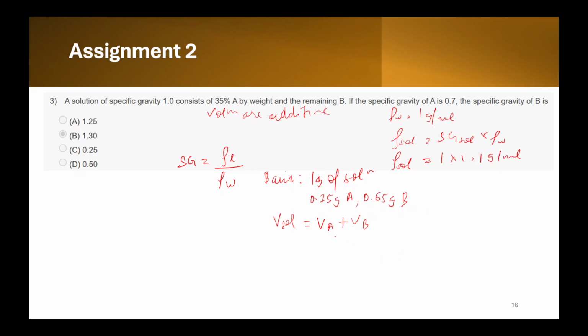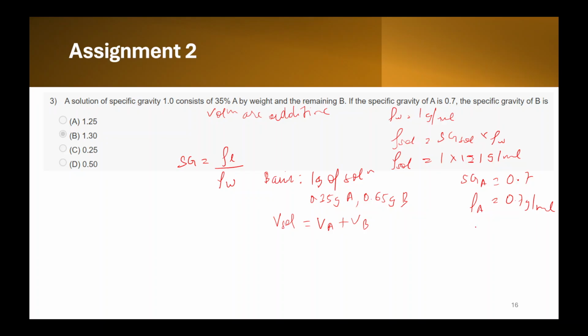So how can we find out VA? We know the specific gravity of A, which is 0.7, so rho of A will be 0.7 gram per milliliter because the rho of W is 1 gram per milliliter.